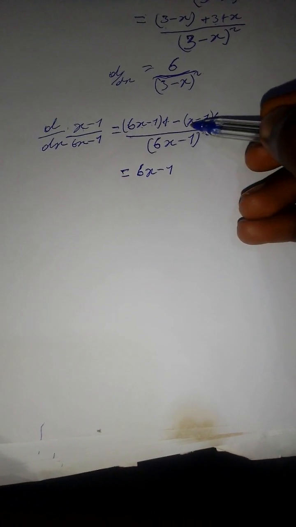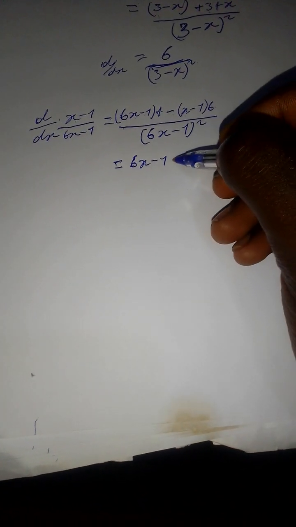So 6x minus 1. This negative will be multiplying all through, so we still have minus x minus 1 times 6, divided by the square of the denominator.